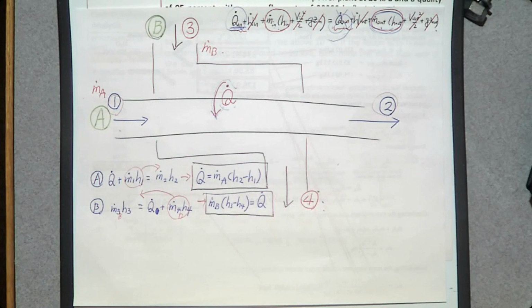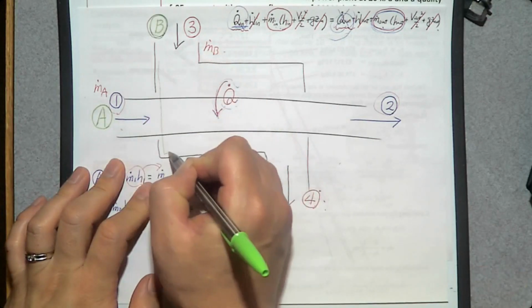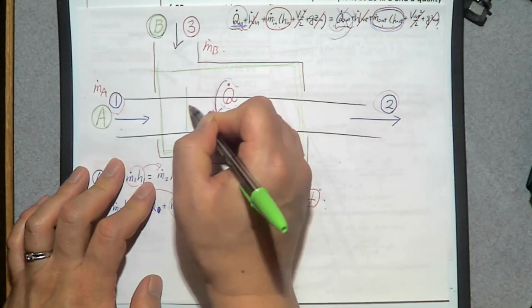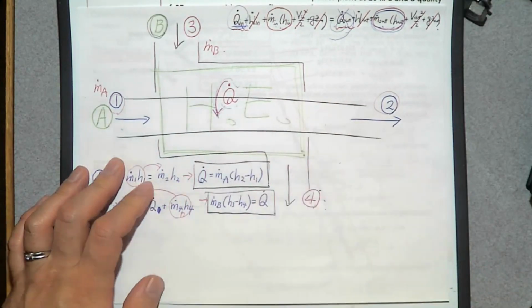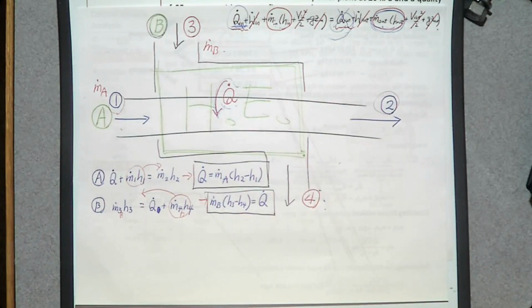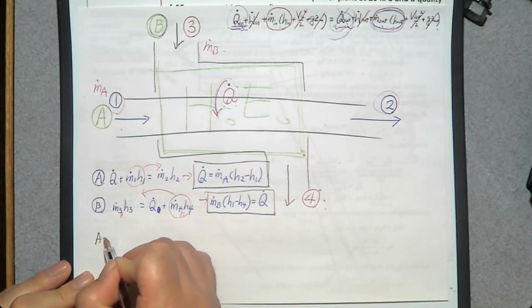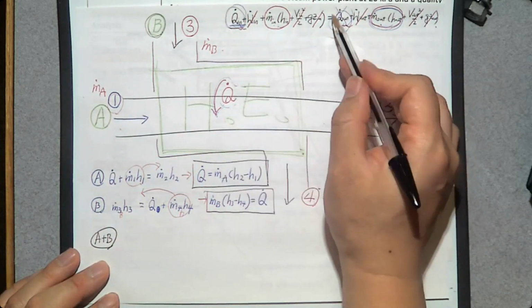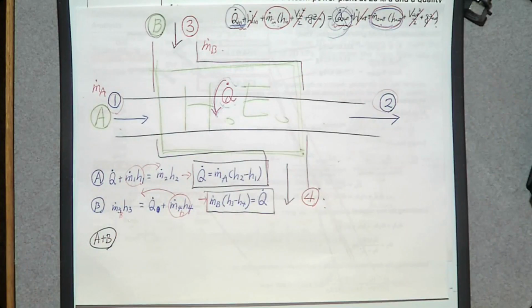Then the third one: we can write down the energy balance equation for the entire heat exchanger. So the control volume is going to be this much. How many inlets and how many exits for this heat exchanger? Two inlets, number 1 and number 3, and two exits, number 2 and number 4, right? Then, if we write the energy balance equation for the entire heat exchanger, what is the heat transfer? Can we say this Q dot?